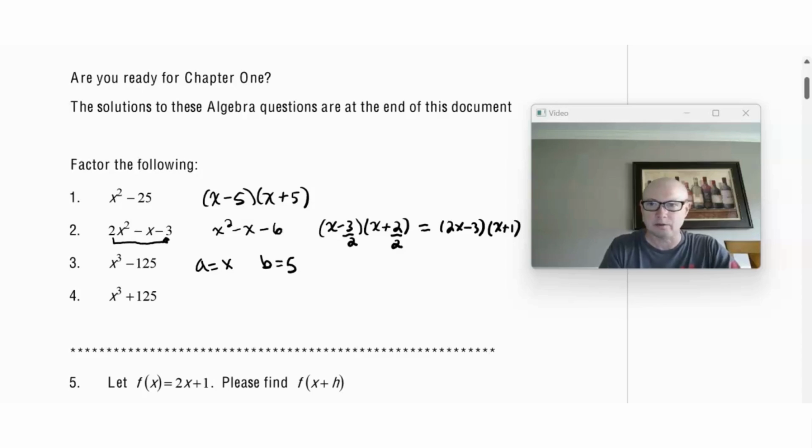So I like to use what's called SOAP here. So this is just a little acronym for same, opposite, always positive for the last term. So in this case here, this would be x minus 5.